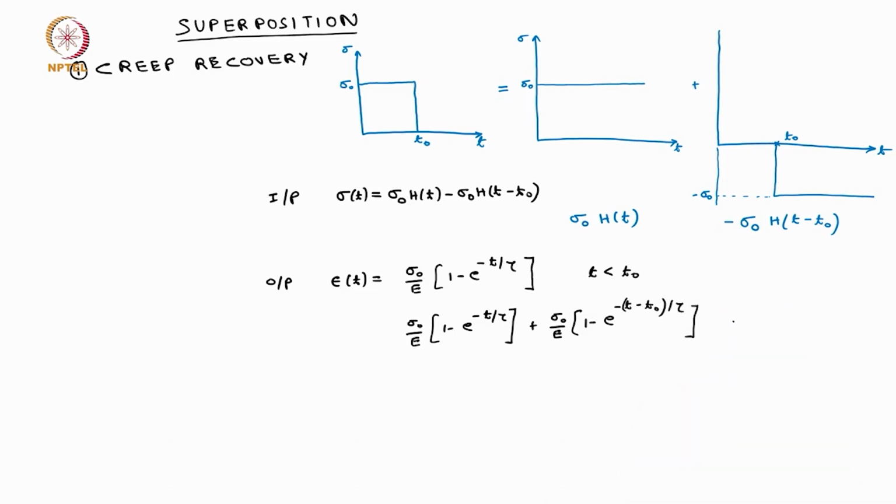So, this occurs when your time is greater than t naught. So, now we are able to write the creep response as a sum of two step functions.